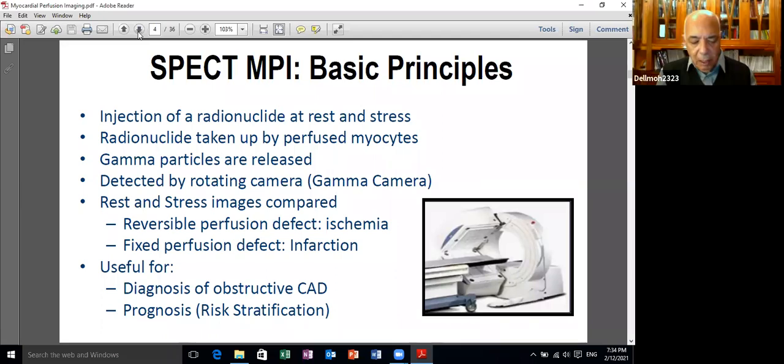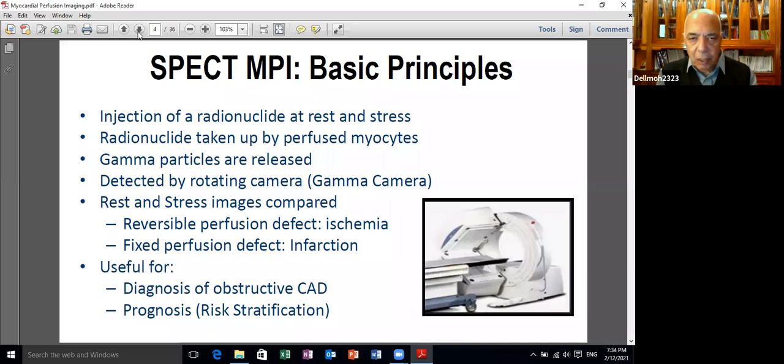Or in the new models of gamma camera, which is the solid state gamma camera, they collide with zinc cadmium telluride crystals, and they produce photons. The reason we want them to produce photons is that these photons are easily converted into pictures using the Fourier principle.